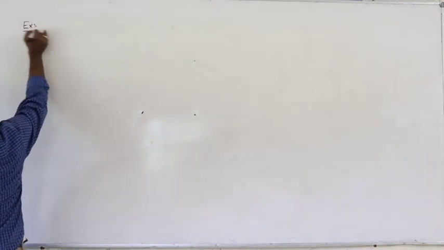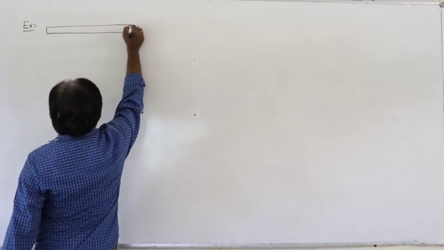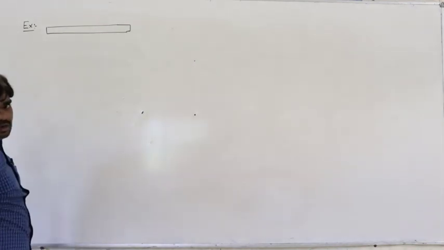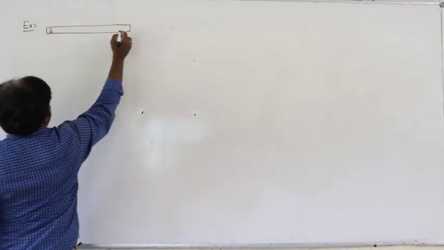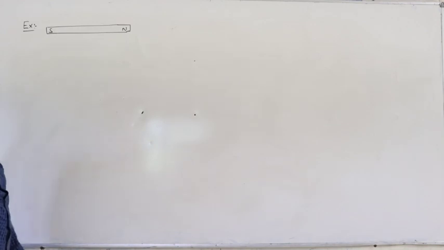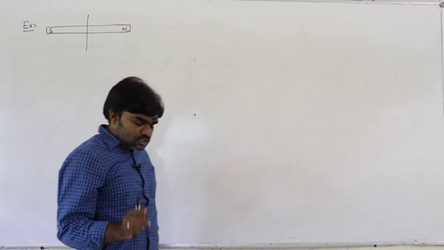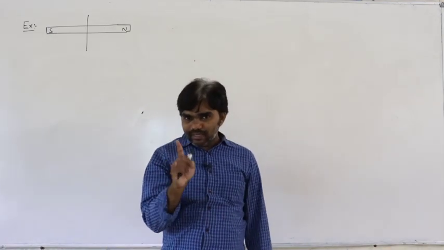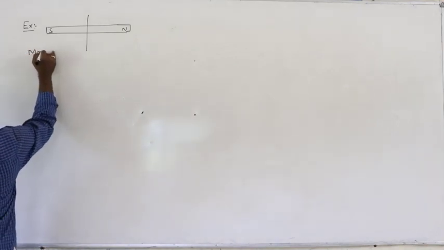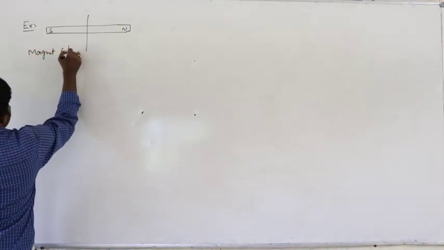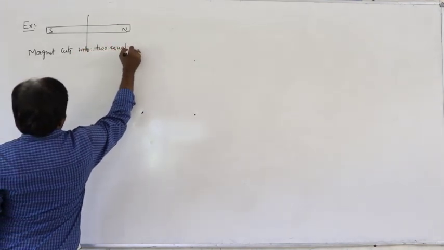Now, next example, let us say this is the magnet, south pole and north pole. One magnet cuts into two equal parts.